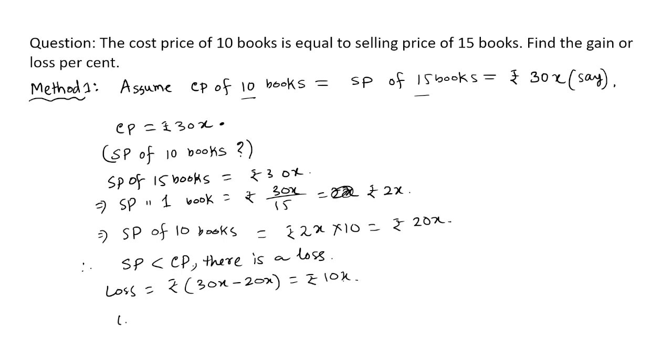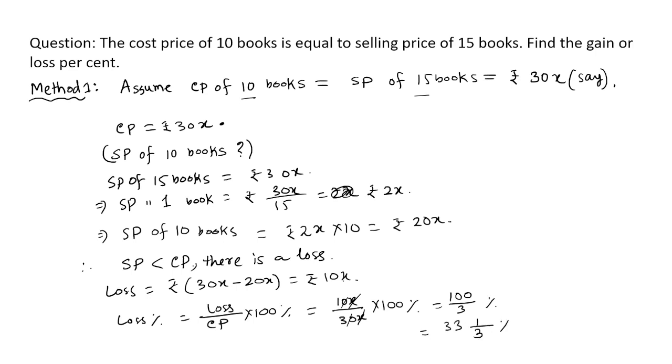Okay, so the loss percent is the amount of loss divided by the CP into 100%, and that is nothing but 10x divided by 30x into 100%. And you see x gets cancelled, 0 0 cancels, so this is 100 by 3%, that is 33 complete 1/3%.